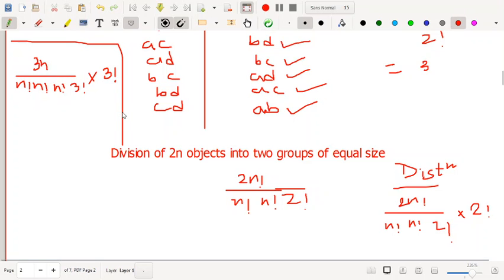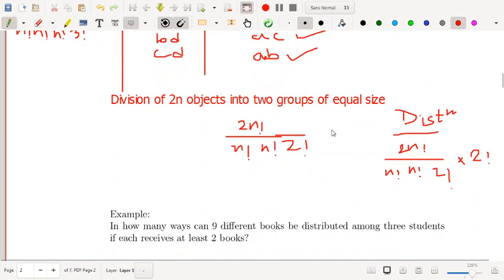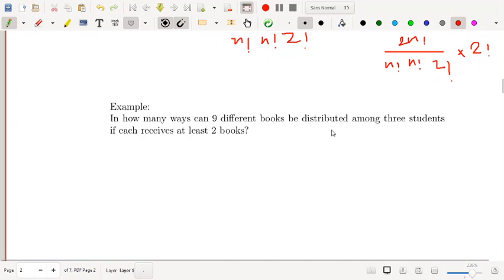Clear? So this is how division and distribution of equal groups works. We are talking about division and distribution. This is a very important case. Clear? So now let us have some problems on that.